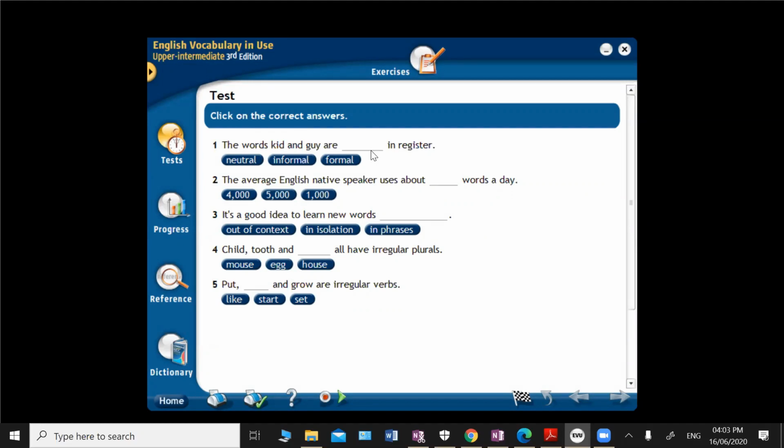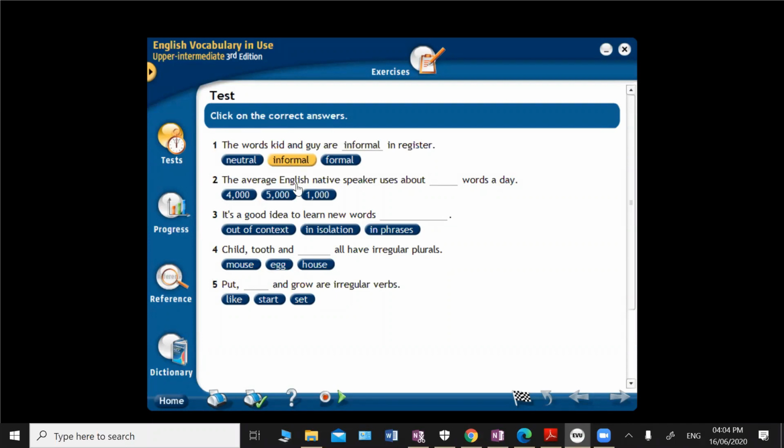Number 1, the words kid and guy are neutral, informal, formal in register. And when you use them, these words are informal. Someone says informal. Okay, so let's choose. The word is informal.